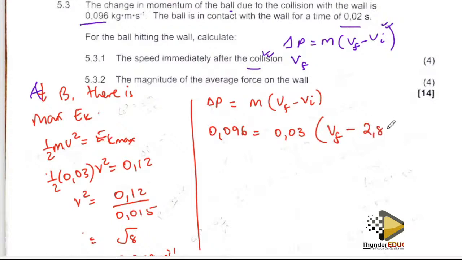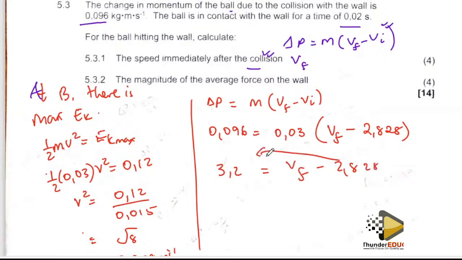This is 2.828. And divide both sides by 0.03. 0.096 divided by 0.03 is going to give me 3.2, which is equal to VF minus 2.828.